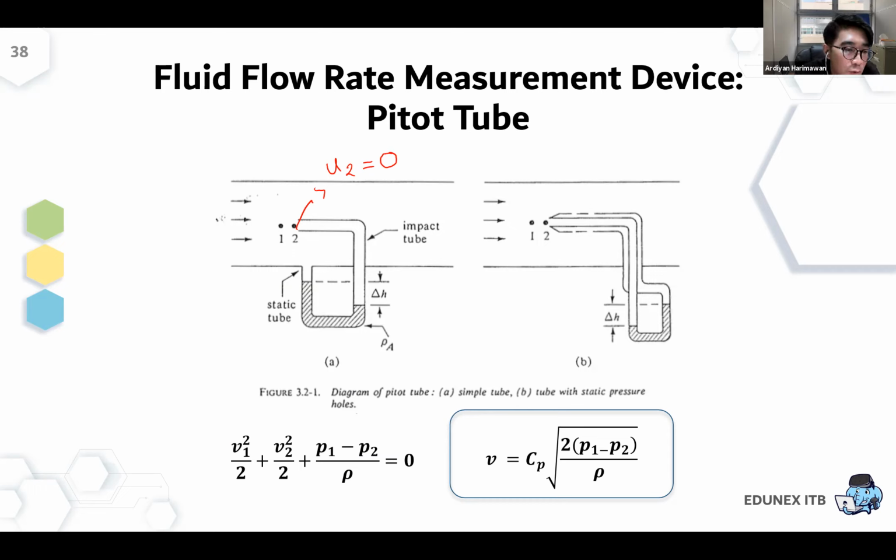This V1 is the velocity of the air, and this is the velocity of the plane that we want to measure. At point 2, the velocity is 0. Because point 1 and point 2 are at the same height, Z1 equals Z2.